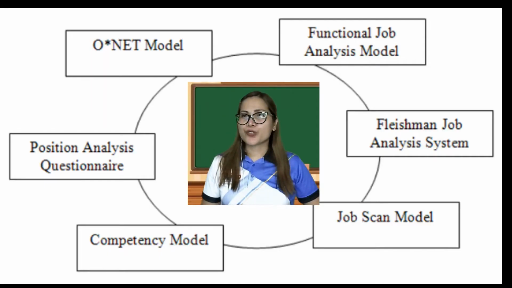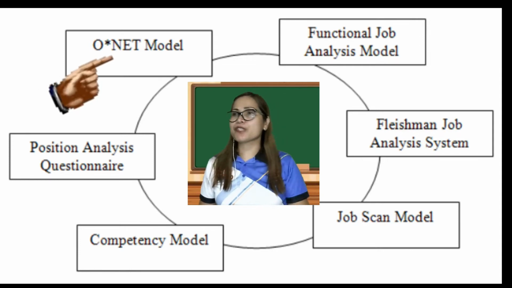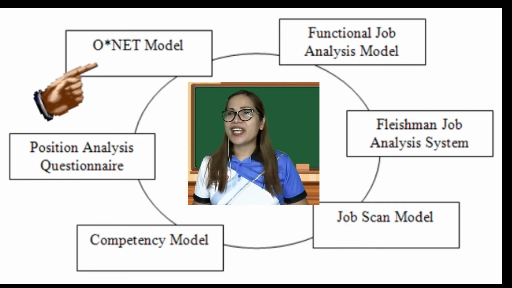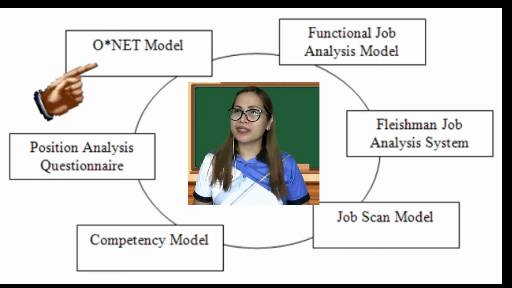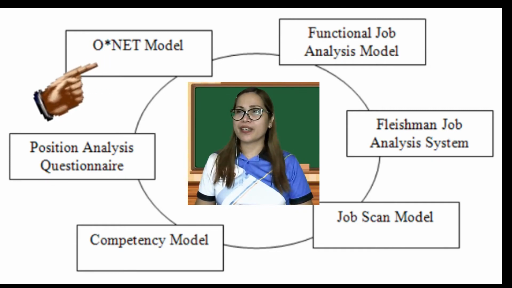Job analysis tools. The O*NET model. The beauty of this model is that it helps managers or job analysts in listing job-related data for a very large number of jobs simultaneously.